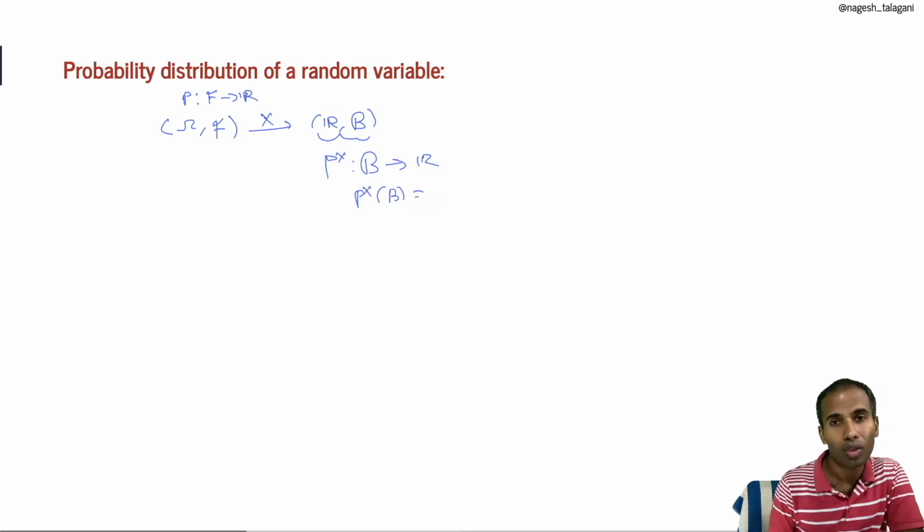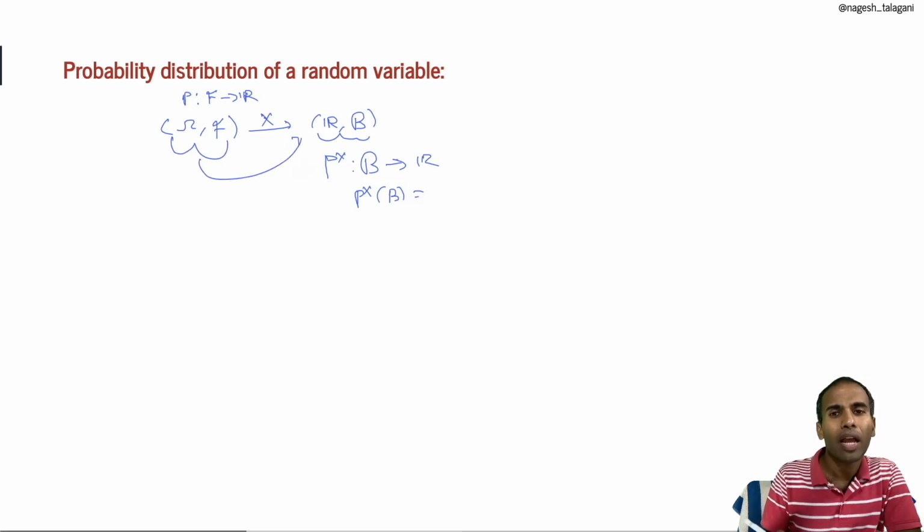Question is, how do we do that? Our idea is to transport the probability structure that we have on this space to this space. The reason is, any event of interest, actually any event in script F, can be described in terms of a Borel set and the random variable X. So there must be a connection between this Borel set and the event here.